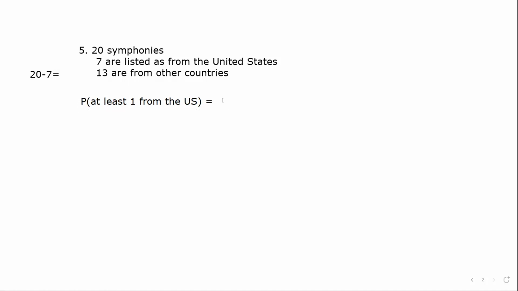At least one from the US means that we're going to have 1 minus the probability that none of the, remember, we're choosing 5 of them, none of the 5 will be from the United States, right? That's how we're going to set this up.